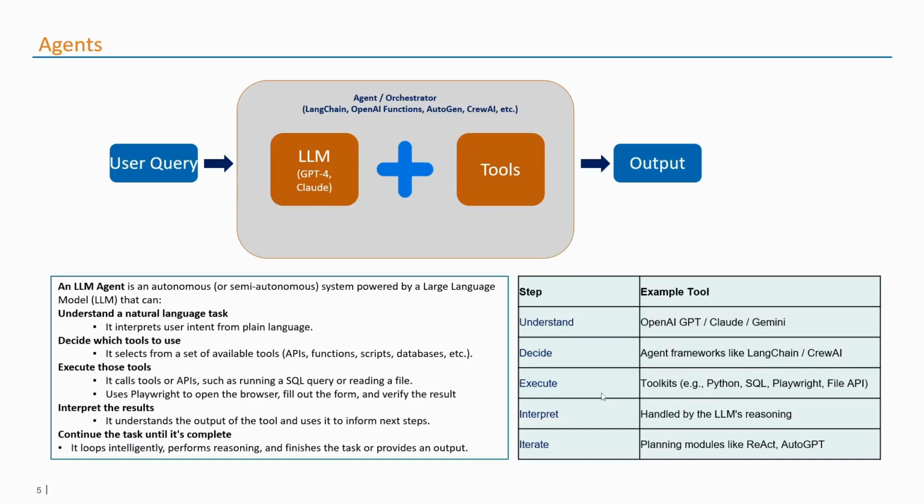To execute, it basically uses tools directly like SQL, Playwright, or the requests library, etc. To interpret the results, it is handled by the LLM reasoning. To iterate, the planning modules like ReAct, AutoGPT, etc. So an LLM with a bunch of tools can perform any kind of tasks.